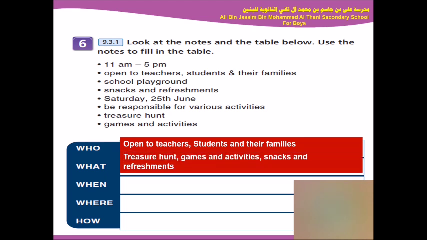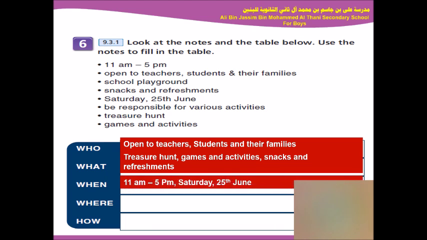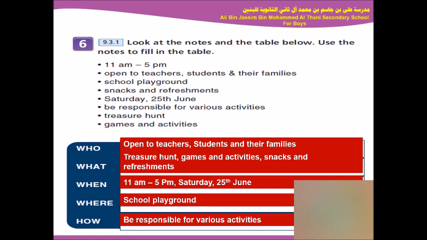What: treasure hunt, games and activities, snacks and refreshments. When: from 11 a.m. to 5 p.m., Saturday, 25th of June. Where: school playground. How: be responsible for various activities.